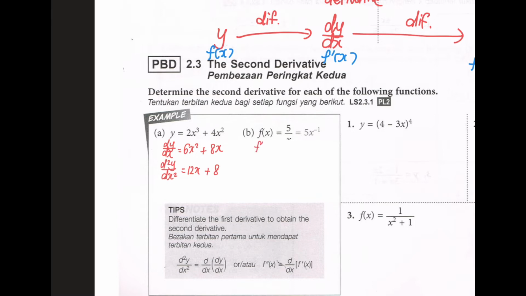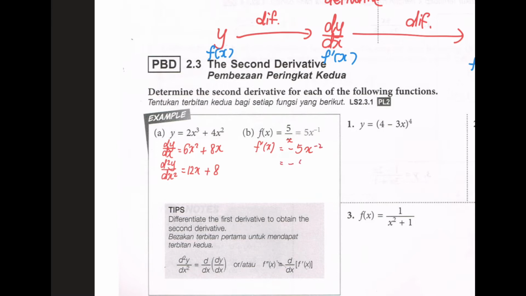Okay, f prime of x. So this x is missing. So our question is 5 over x. It is not suitable to look at this for differentiation. So that's why we bring up the x, 5x to the power of -1. And now we can start doing the differentiation. Okay, so the power -1 move in front, become minus 5x, and the power -1 just now, you minus 1 again, it becomes -2.